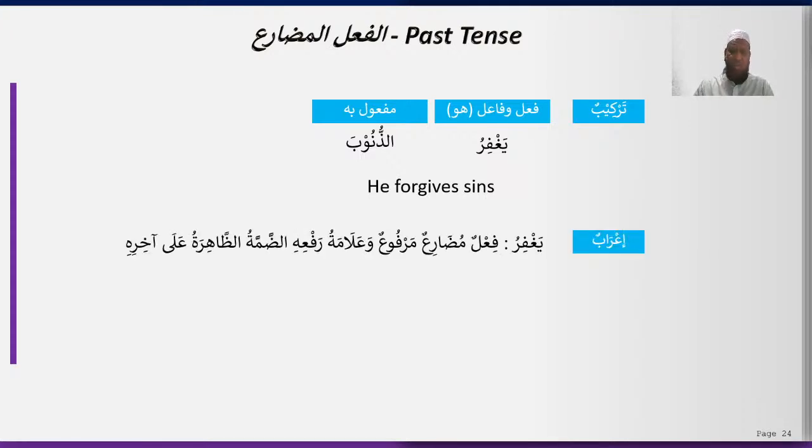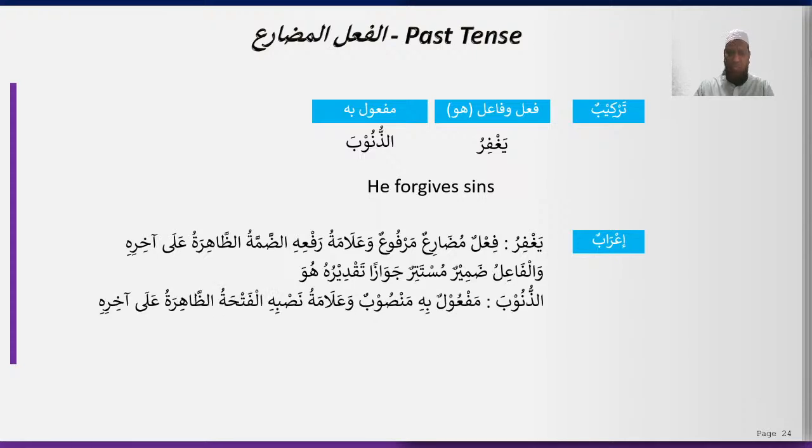يغفر فعل مضارع مرفوع وعلامة رفع ضمة ظاهرة على آخره والفاعل ضمير مستتر جوازا تقديره هو الذنوب مفعول به منصوب وعلامة نصب الفتحة الظاهرة على آخره. Okay, so I've taken each sigha for each example, so we know the i'rab of each of them.